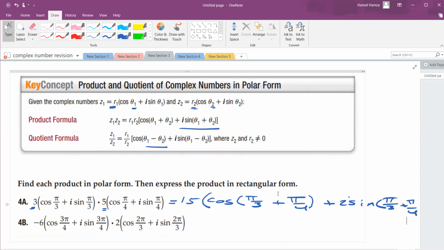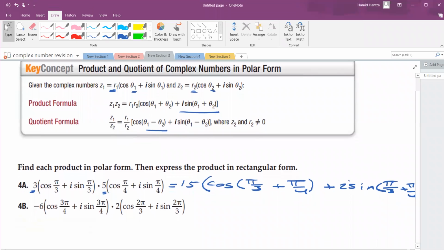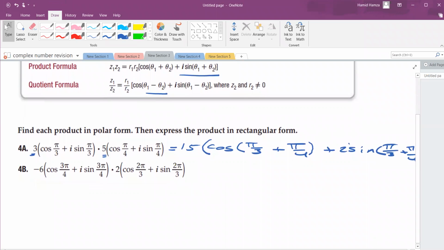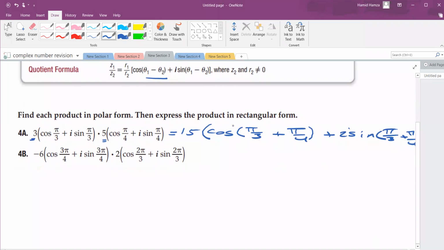Then we add them normally, as we deal with fractions.